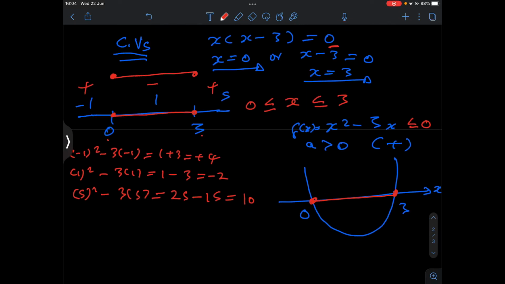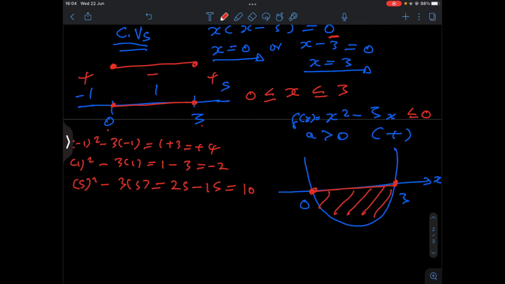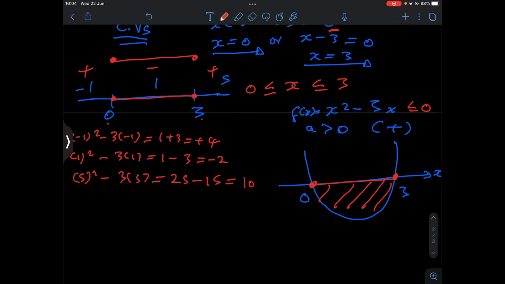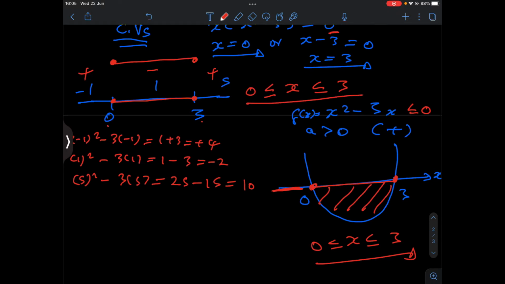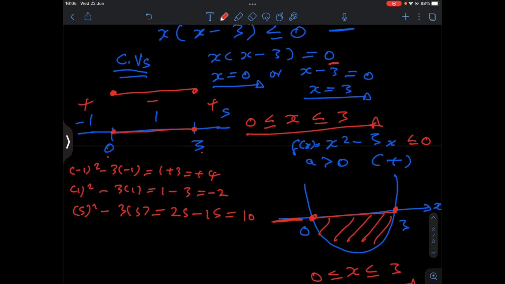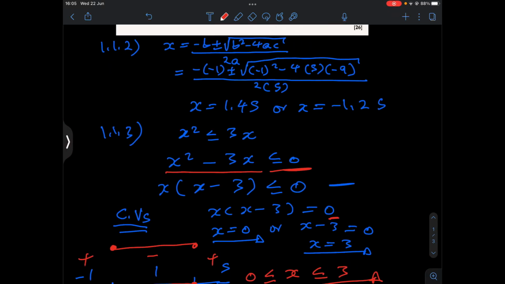This is the area where the graph is below the x-axis, because the x-axis is where y is equal to 0. So the answer here is the same as when using the number line. Thank you. Now we're going to go to the next question.